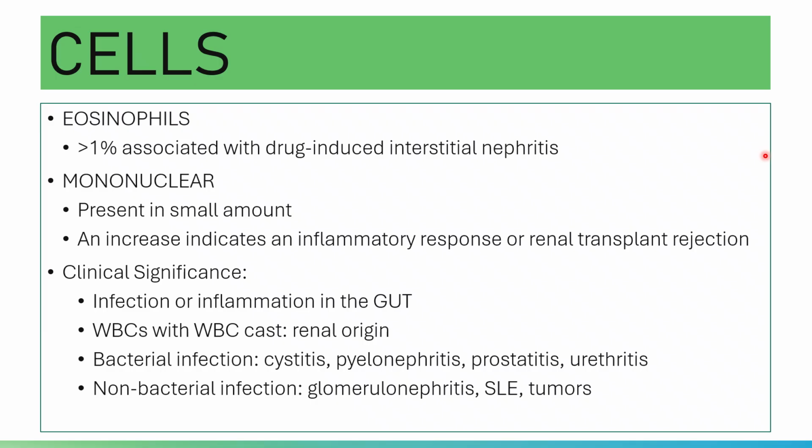Please note that if there is an increased number of leukocytes, principally neutrophils, in the urine, it indicates presence of infection or inflammation in the genitourinary tract.